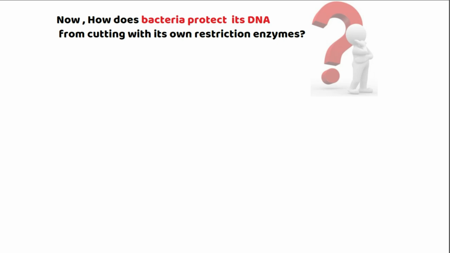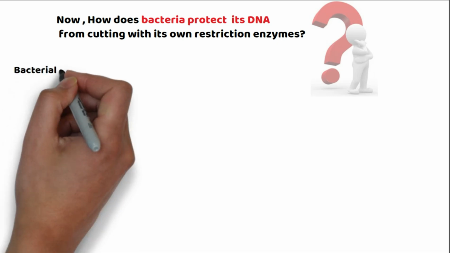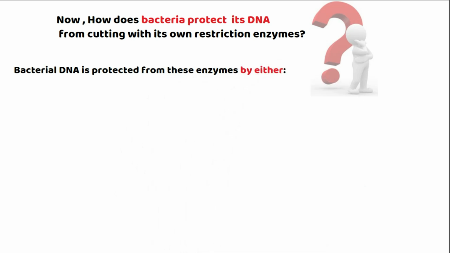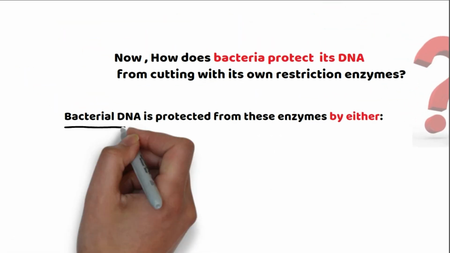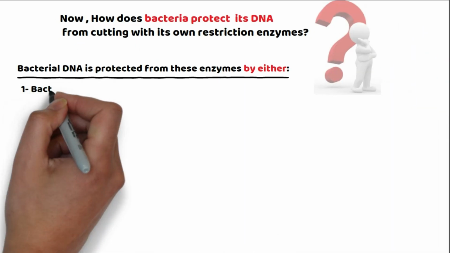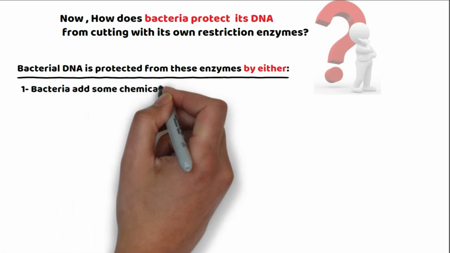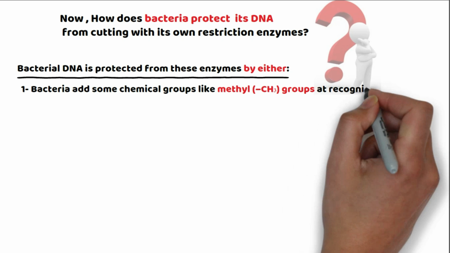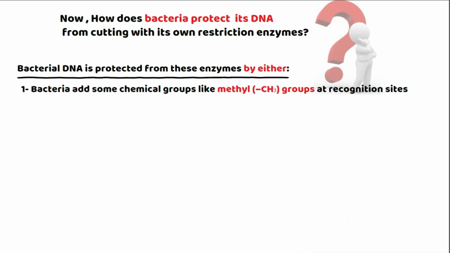The bacteria uses two methods, two mechanisms. Bacterial DNA is protected from these enzymes by either the first method, chemical modification. Bacteria add chemical groups like methyl groups, CH3 groups, at recognition sites.